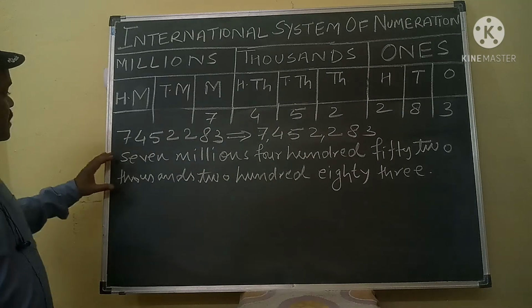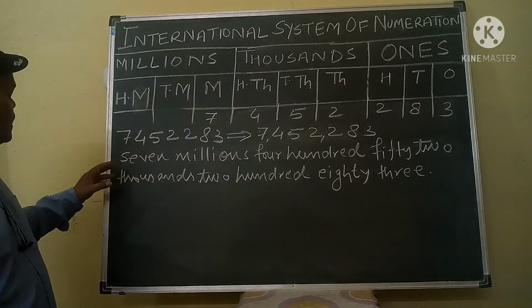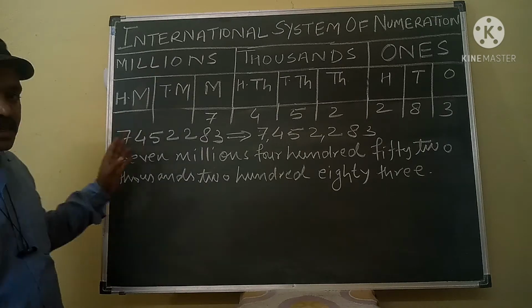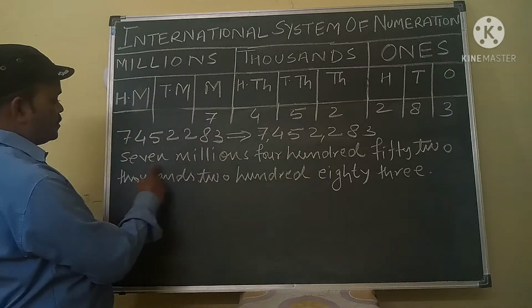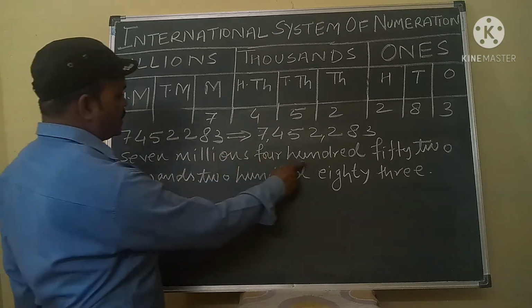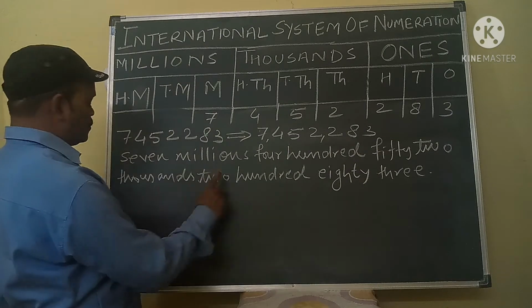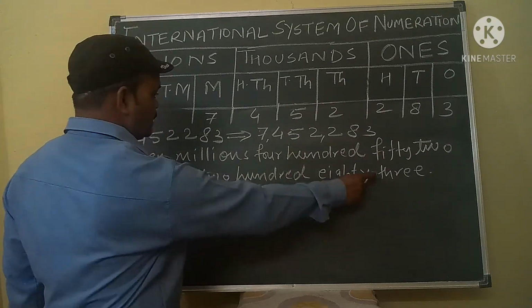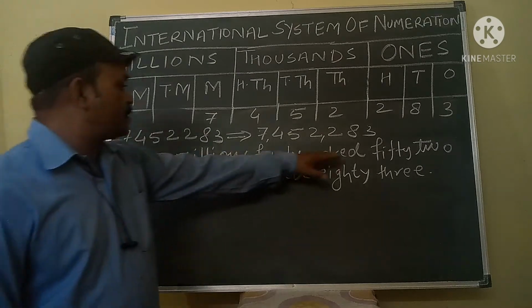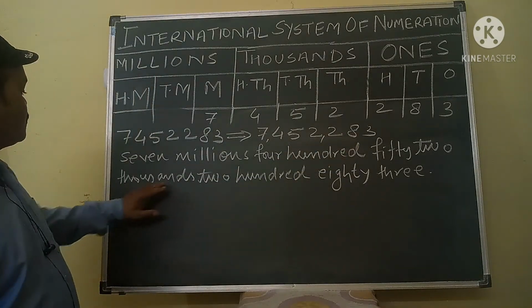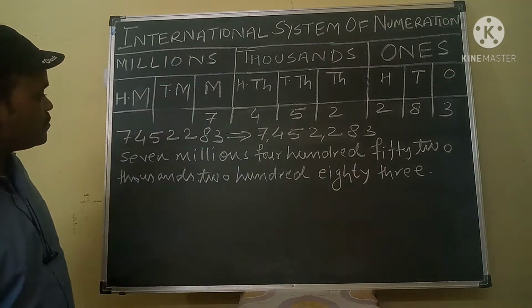Okay, so this is the International System of Numeration. This number you can read and write as 7 million 452,283. Okay.